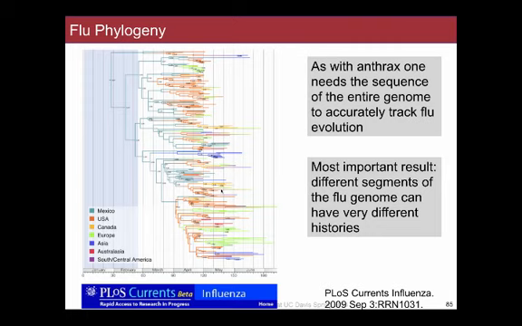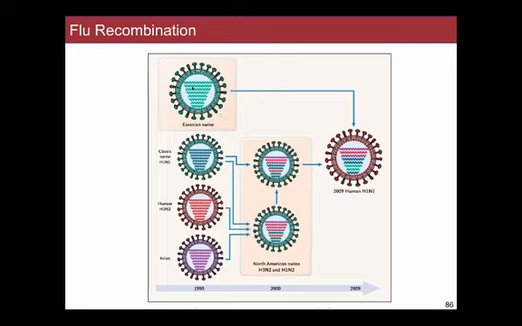And what's somewhat unusual and also responsible for many of the problems that flu causes is that by doing this phylogenetic analysis, scientists have found that the phylogenetic tree of the hemagglutinin genes does not always match the phylogenetic tree of the neuraminidase genes.